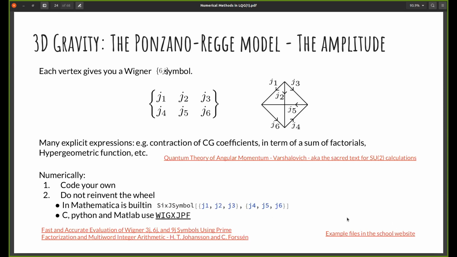And on the school website, I provided three Jupyter notebooks. They are Python notebooks, just to show you that it's possible to do this kind of numerics also with programming languages that are very simple to learn.